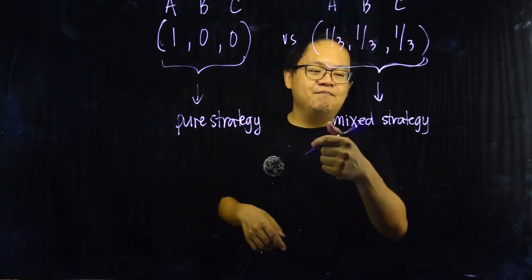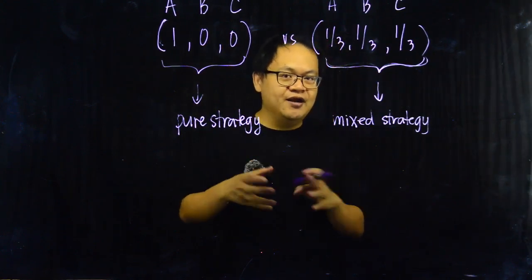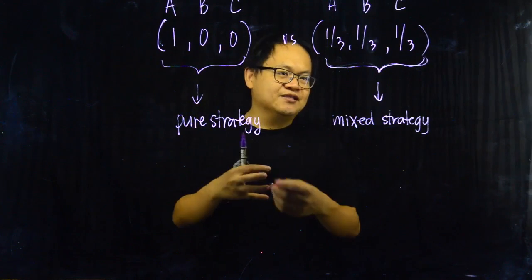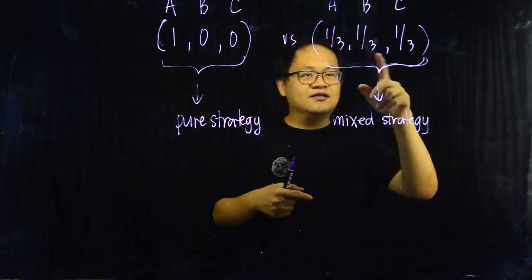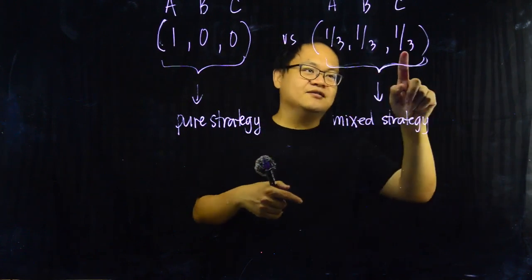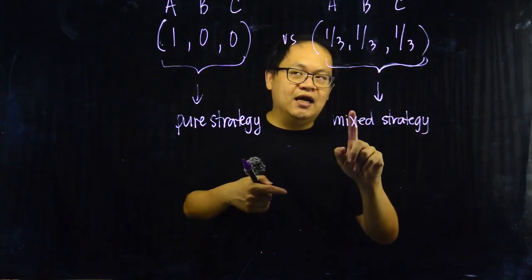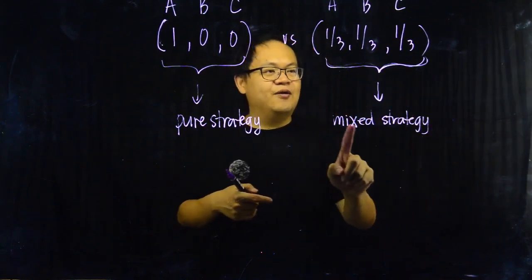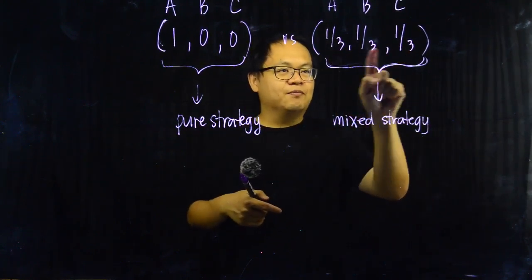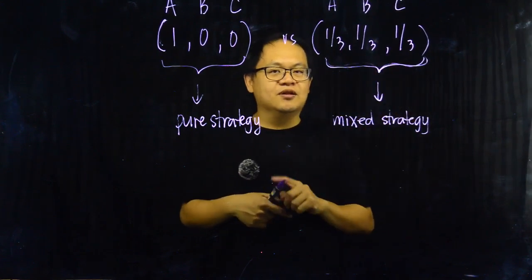On the other hand, a mixed strategy is a strategy where you do some strategy, let's say 1/3, you do a different strategy, let's say 1/3, and then you do the last strategy 1/3. All you have to remember is that in a mixed strategy, the only requirement is for the sum of the probabilities to be equal to 1.